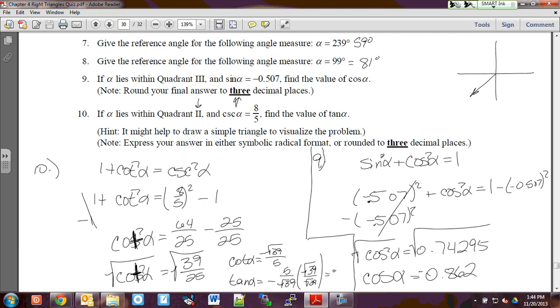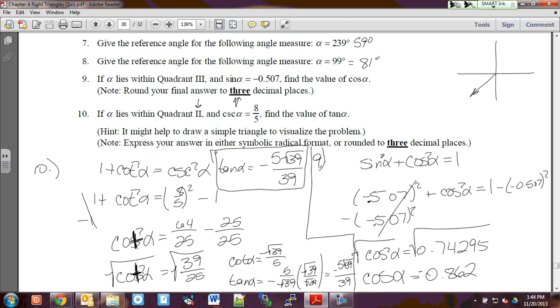So that's going to give us negative 5 times the square root of 39 over 39. The tangent of alpha equals negative 5 times the square root of 39 divided by 39. That's the answer to number 10 right there.